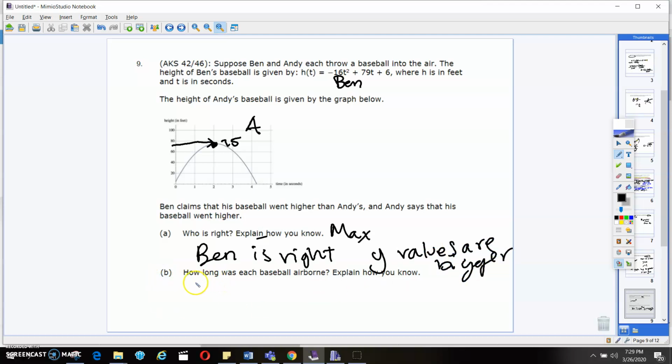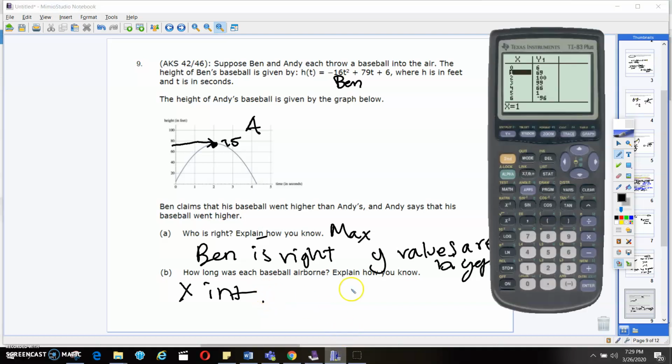Now, part B, it's asking how long each baseball was airborne. This is really like asking your x-intercepts. Okay, which one, like how far was it? So if we actually look at this one, okay, we see that Ben has an x-intercept roughly in between 5 and 6. And the reason why I know it's between 5 and 6 is because my y values go from 1 to negative 96. That means 0 is going to be in here somewhere, but it's going to be in between that 5 and 6 range.